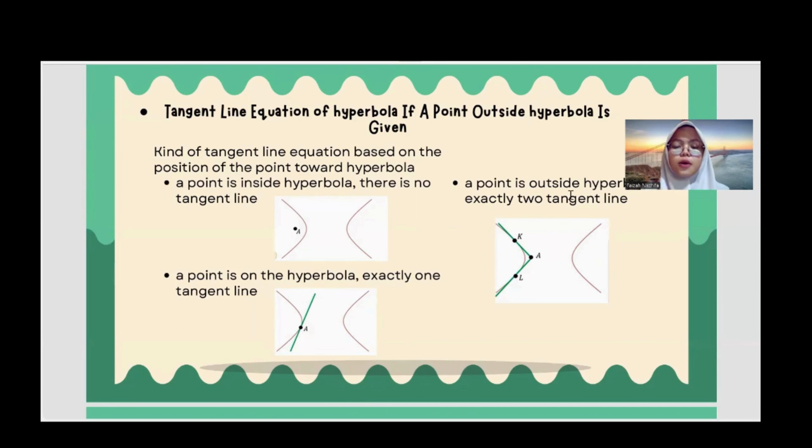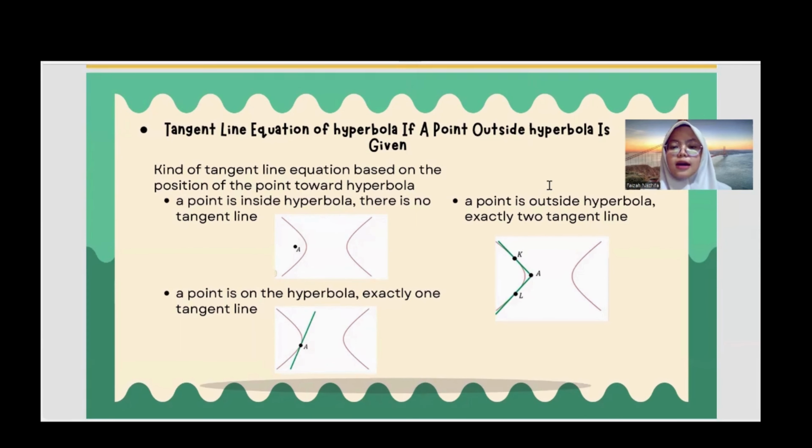And then the third one, if a point is outside the hyperbola, there will be exactly two tangent lines. So this is point A outside the hyperbola, and there will be exactly two tangent lines that pass through point A. So the third condition will be our topic for today.